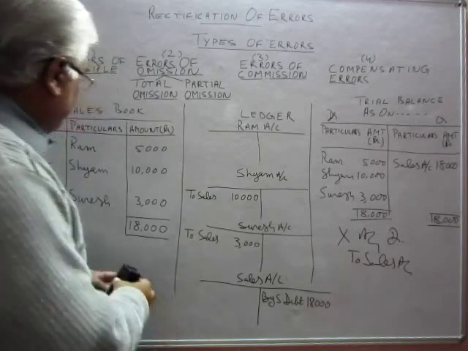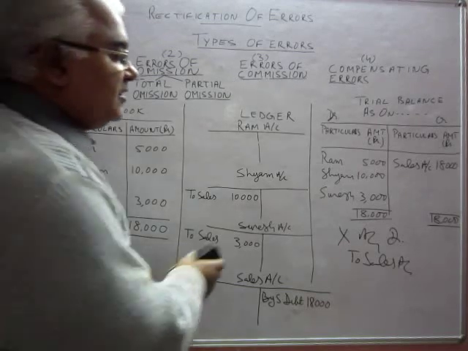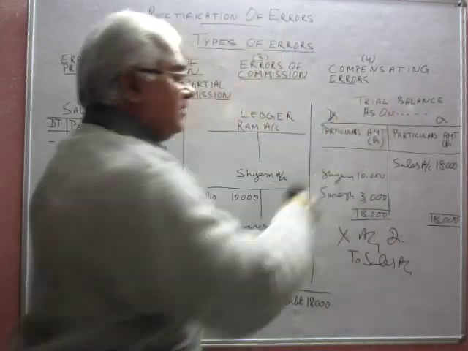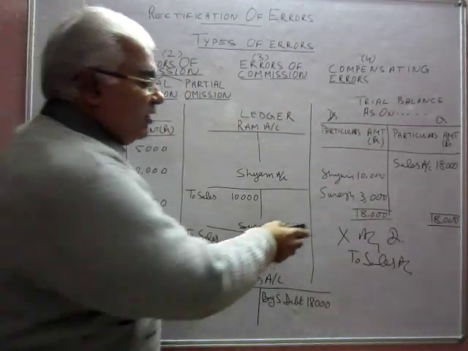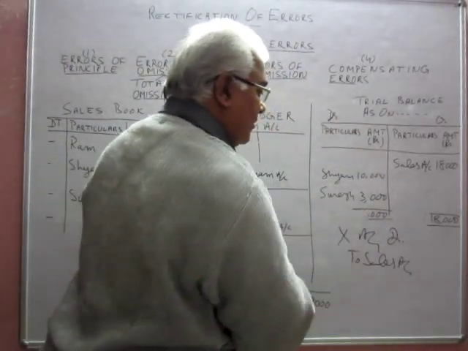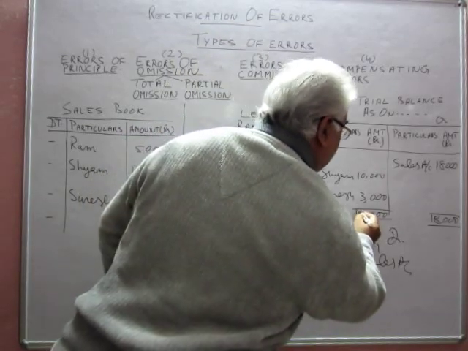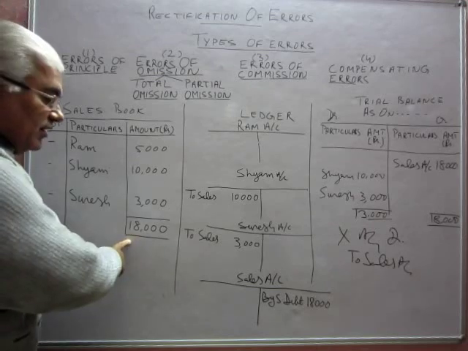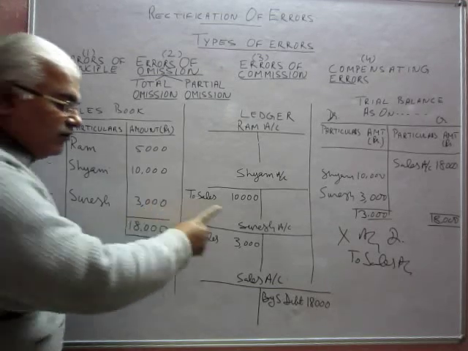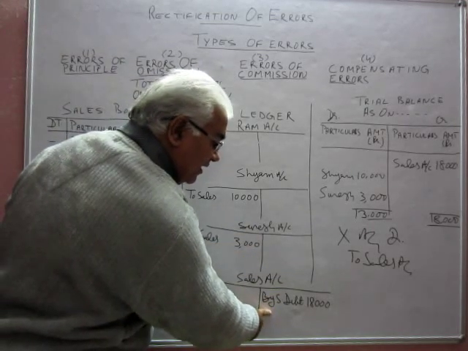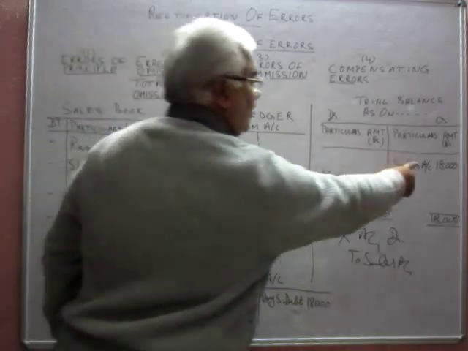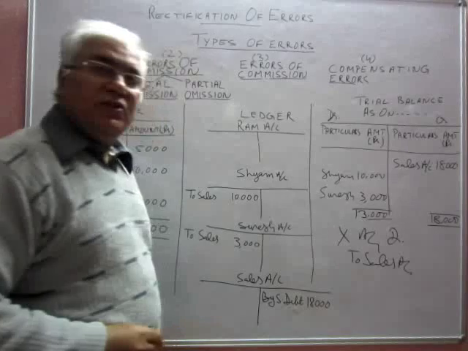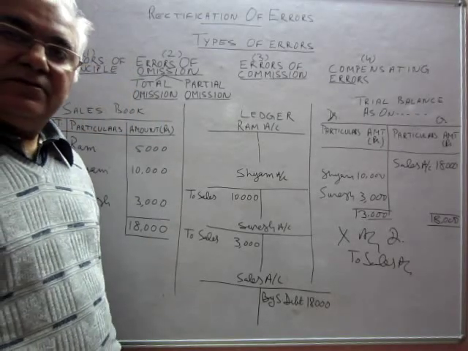Now what will happen? Because of this, Ram's account will not appear in the trial balance, and the total of trial balance will be on the debit side 13,000, but sales total is 18,000, so sales account will be credited by 18,000 and it will appear here at 18,000. It will result in a difference of 5,000 in the trial balance.